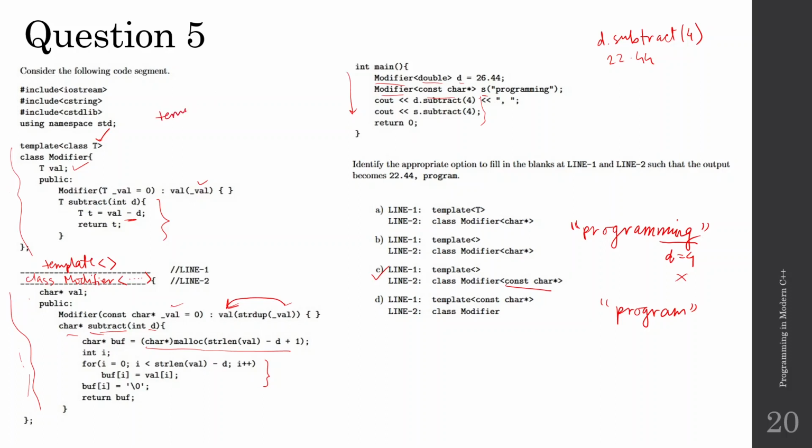You can have something like this: template class T, and then you can also have class T2, and inside the function you can do something. So in case your templated function had multiple arguments, and you are overriding only one of them, here you would specify the other argument. So that is the logic behind this one.